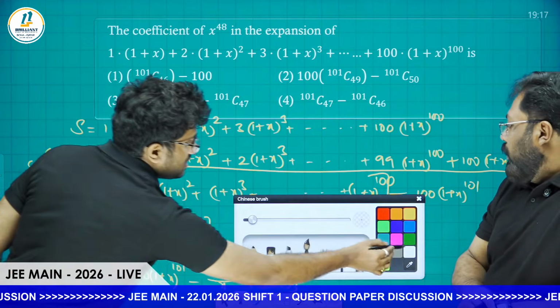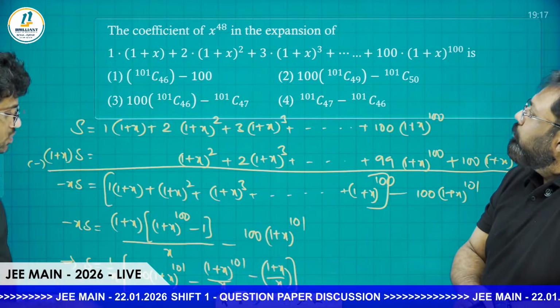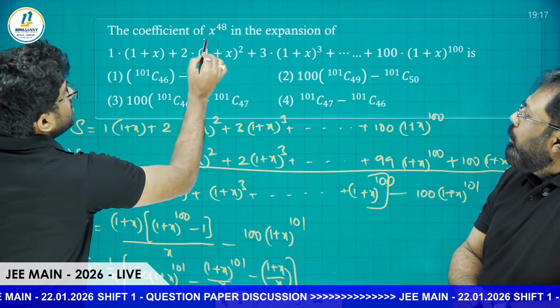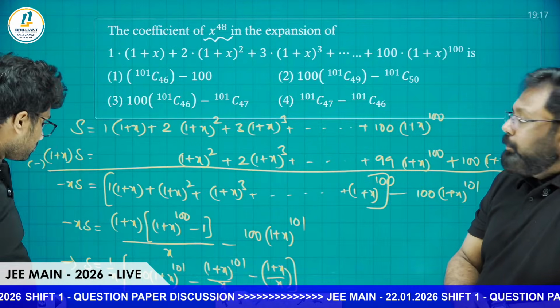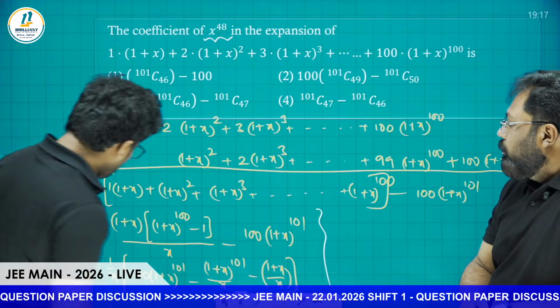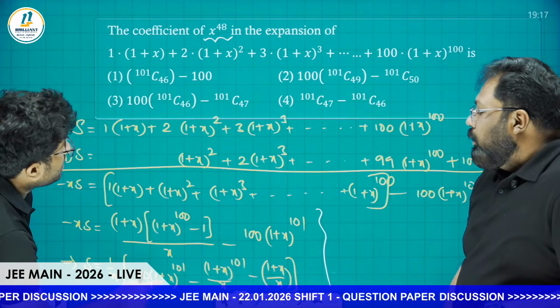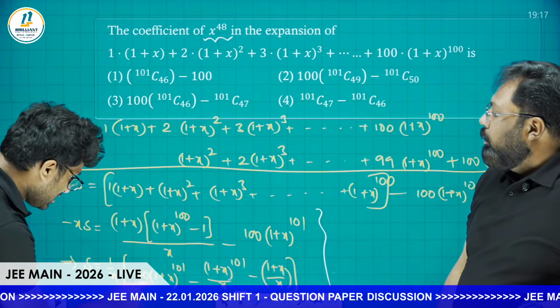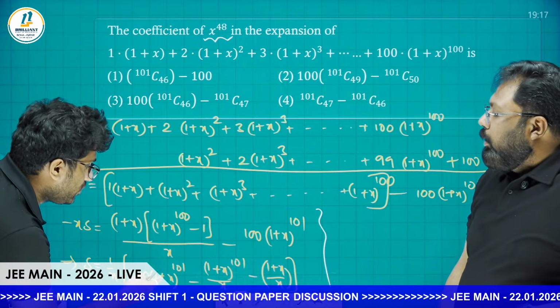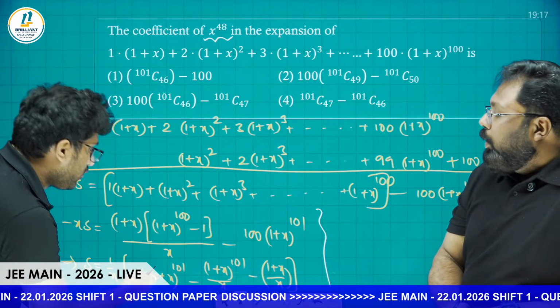Now this is the given expression. So in this expression we need the coefficient of x power 48. Now we'll focus on each term. To get x power 48, as it is already being divided by x, we need the coefficient of x power 49 here.